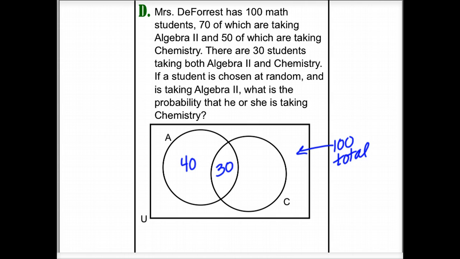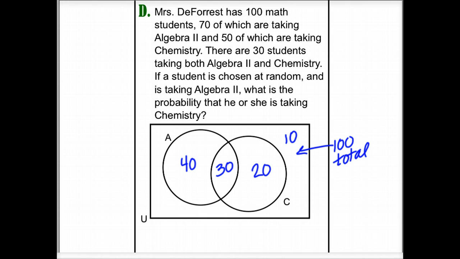And if 50 are taking chemistry and 30 of those are taking Algebra 2 as well, that means that I have 20 over here. So if I add up 40 plus 30 plus 20, I get 90, which means 10 of my students are not taking Algebra 2 or chemistry.